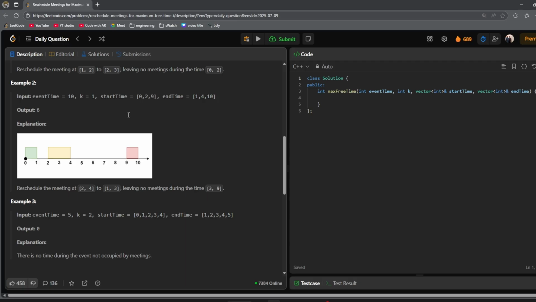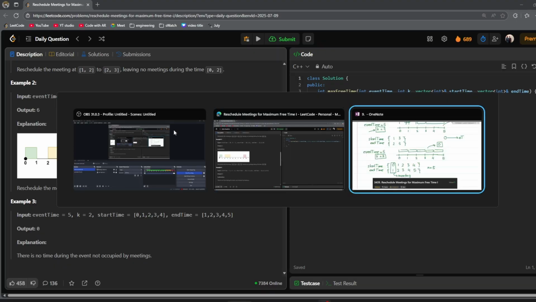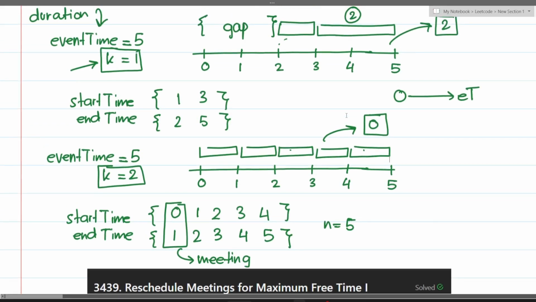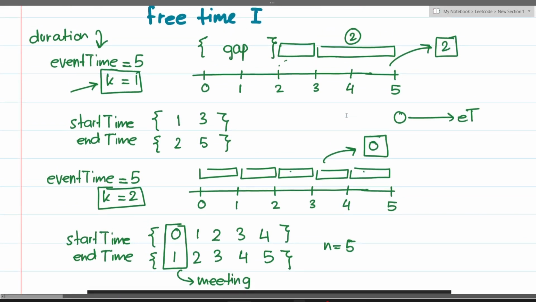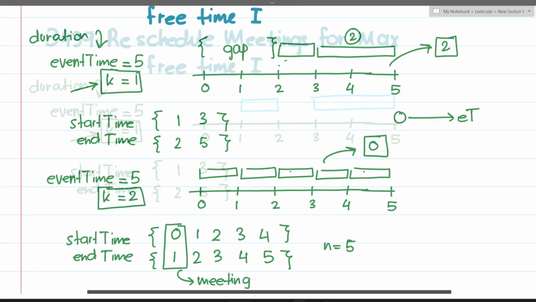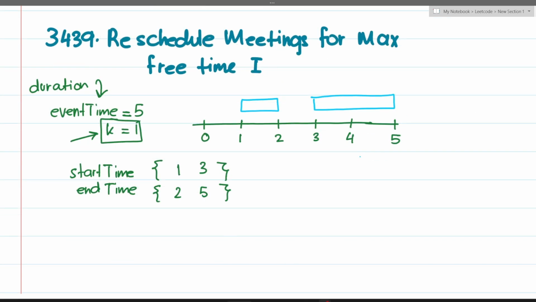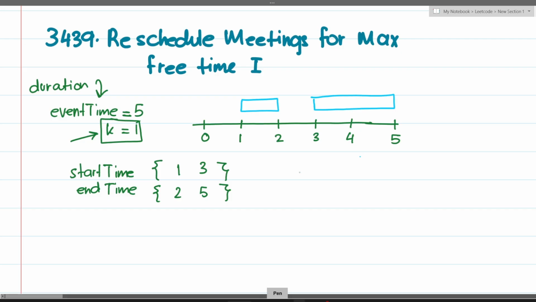Again, at the end of the day, we have to make sure that we are able to reschedule the meetings in a way that maximizes our contiguous period of gap. So let's think about how we can do this. If we think about it, our focus should be on the gaps, isn't it? The gaps that are there between the events.